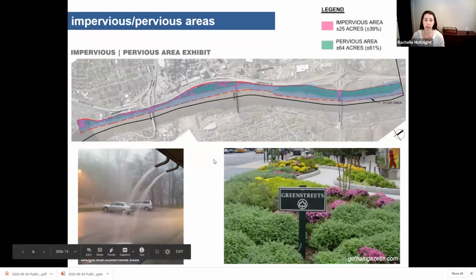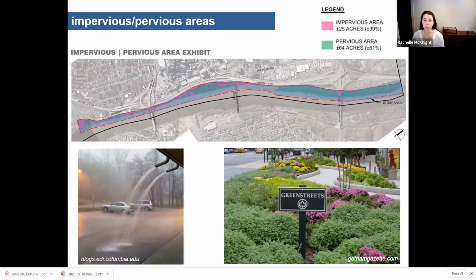When we start to think about flooding, what we look at is how much impervious versus pervious area exists within a project corridor. In this case, in this 5-mile stretch of shoreline, we have about 25 acres of impervious area. Impervious means that when water comes down out of the sky, off of buildings, across the landscape, it doesn't have anywhere to go.